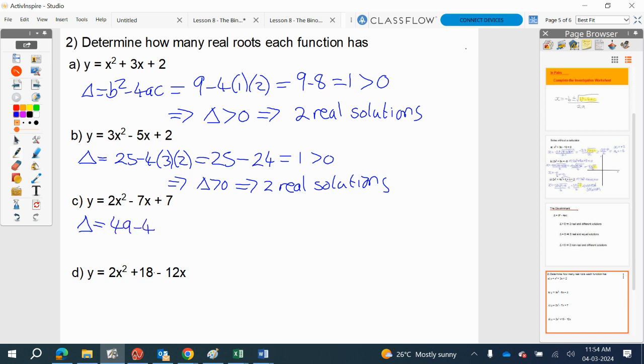Minus 4. What's the value of a? What's the value of c? What is 4 times 2 times 7? Not quite, 8 less.